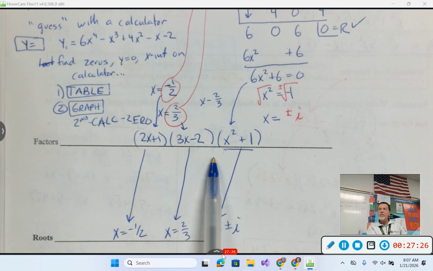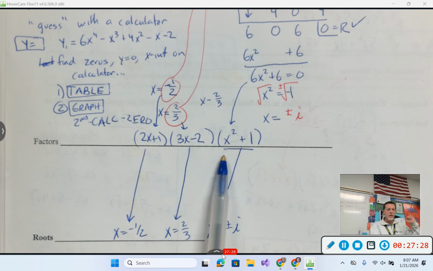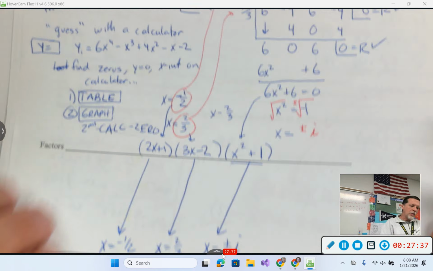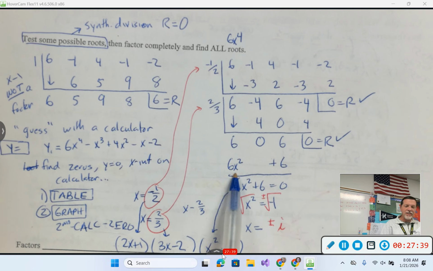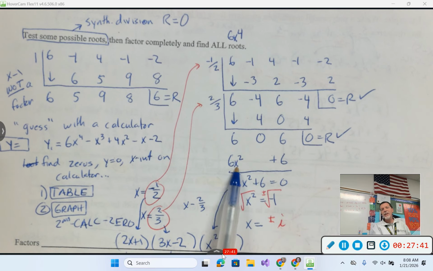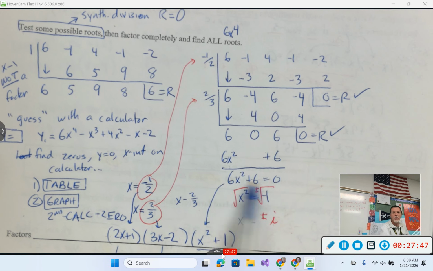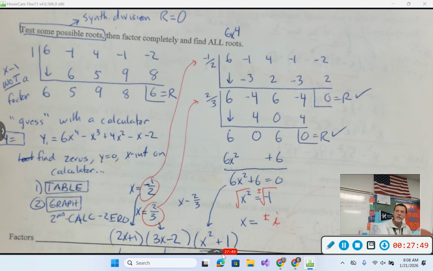Okay, so this is similar to what we did solving with factoring, but now we have a little bit of a helper to find one of our factors, or maybe 2 of our factors. And the trick is, you have to find enough factors to get down to x squared. Once you get down to x squared, you can solve any x squared problem, because what always works for a quadratic equation?